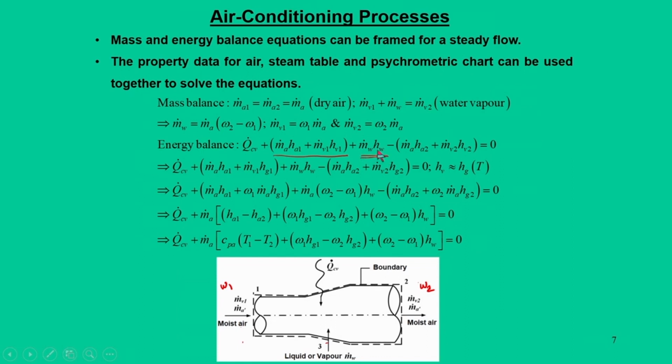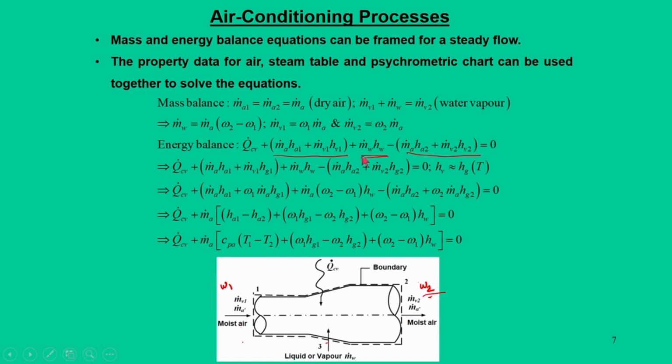So, when you multiply its mass with their specific enthalpy, we can get the total energy, and the energy that leaves is through this exit stream, and this is given a negative sign.